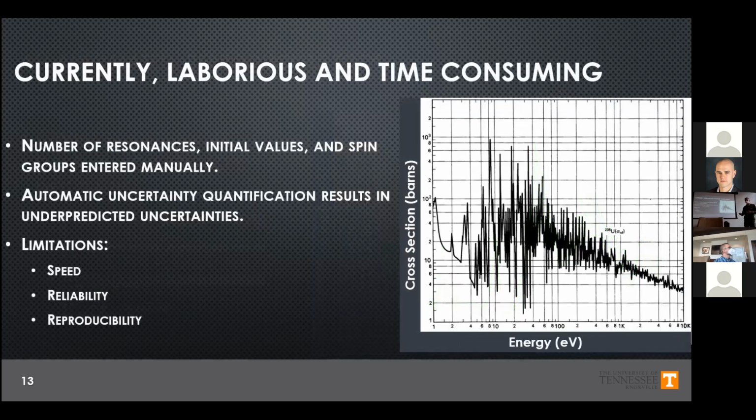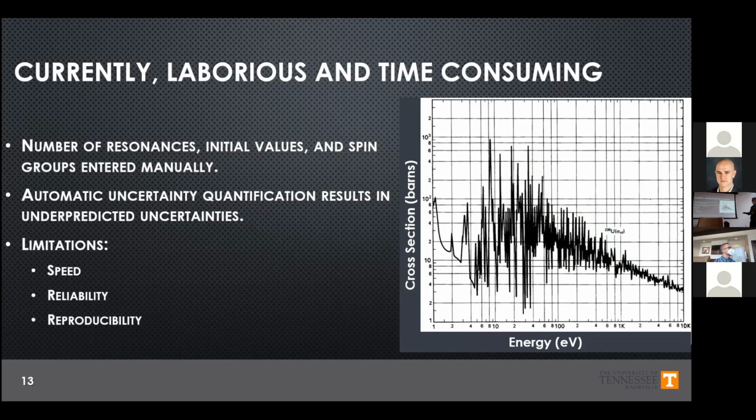How is this done currently? Currently, there's no automated process for doing this. This process has to be done by hand by nuclear data evaluators, and is a very laborious, time-consuming process. So they have to go through this cross-section data and measure out the resonances, and it takes a lot of expert evaluation to be able to do this by hand. And one of the key things in doing this by hand is that if one evaluator evaluates that data, the next evaluator, there's very little reproducibility between those two evaluators looking at that data set.